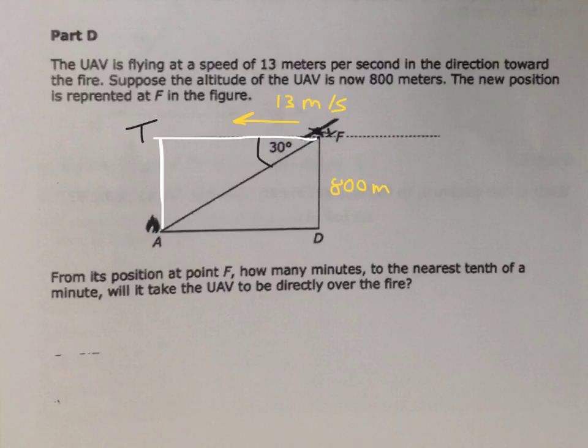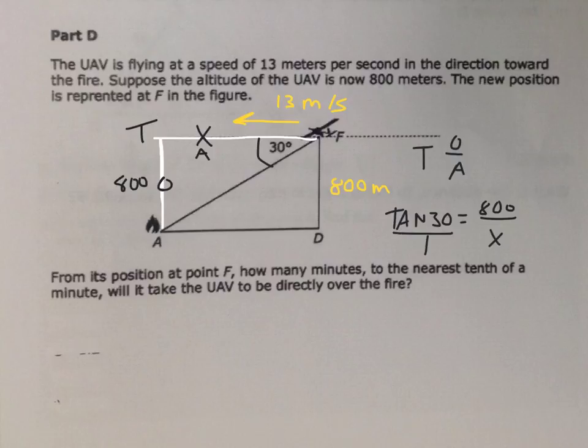Well, I've got the angle. I know it's 800 here as well. If I knew how far it was, then I'll know how long it takes to get there. So I'm looking for the adjacent side, and I've got the opposite. So tangent will get me there, TOA. The tangent of 30 degrees equals the opposite side over the adjacent side. This one takes 2 steps to get the answer.